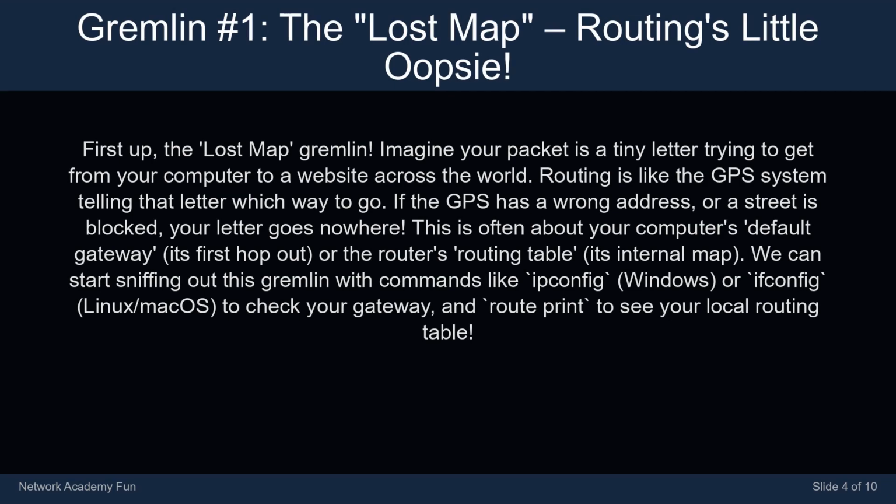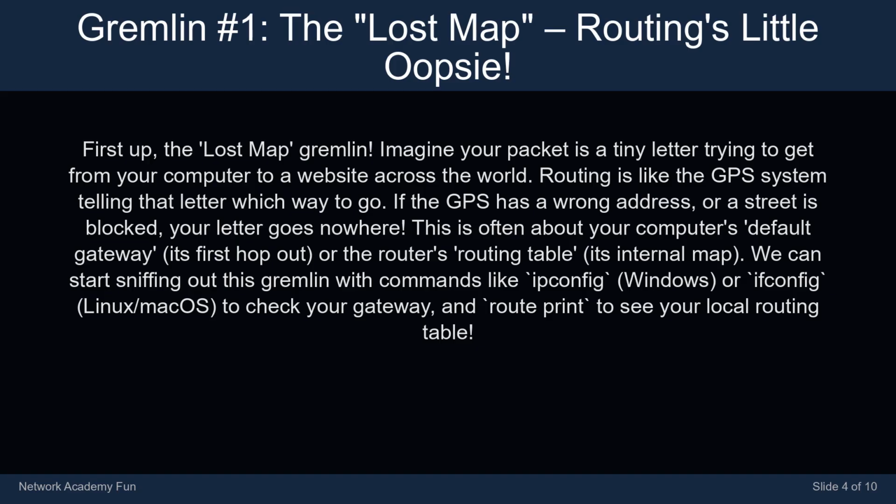First up, the lost map gremlin. Imagine your packet is a tiny letter trying to get from your computer to a website across the world. Routing is like the GPS system telling that letter which way to go. If the GPS has a wrong address, or a street is blocked, your letter goes nowhere.